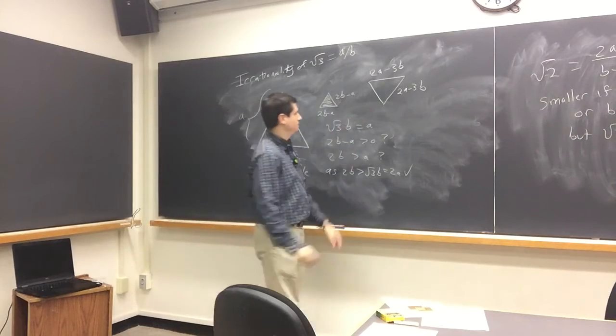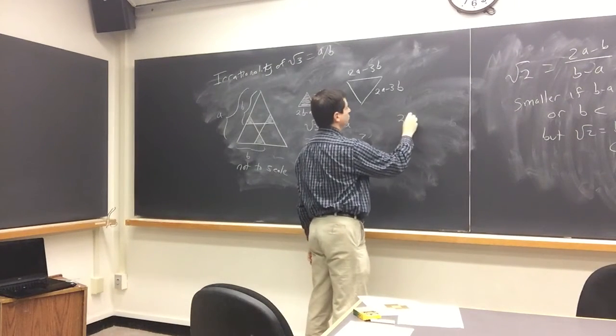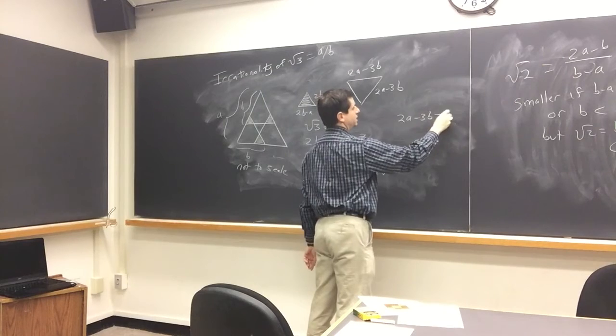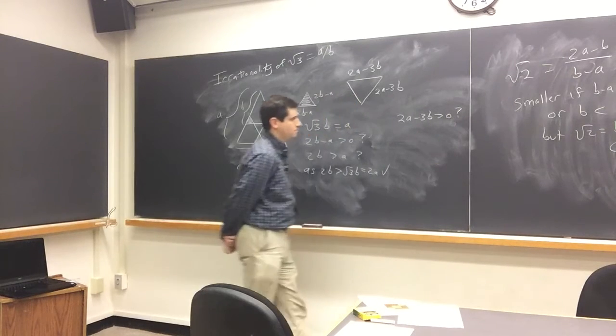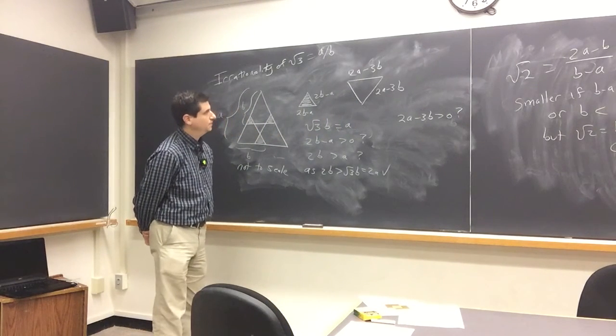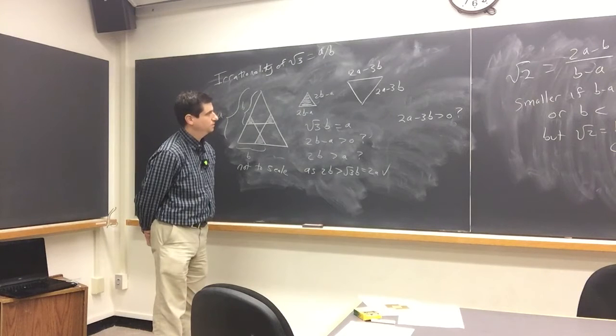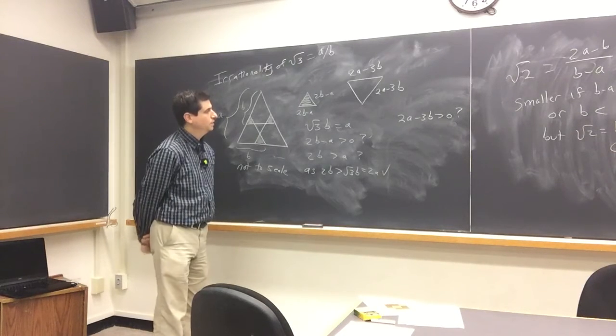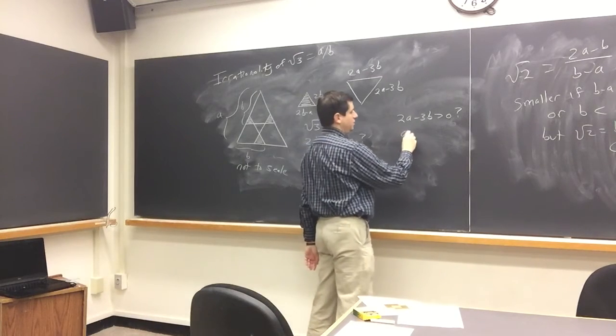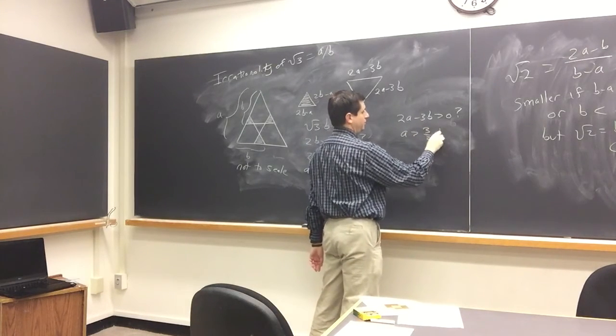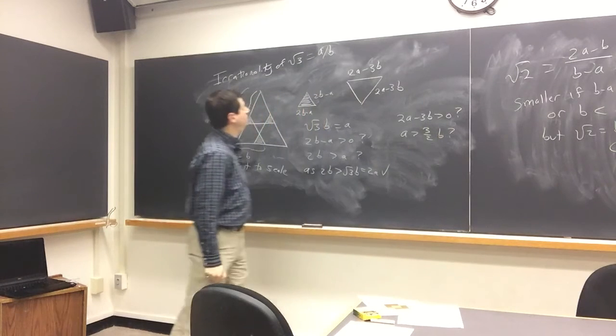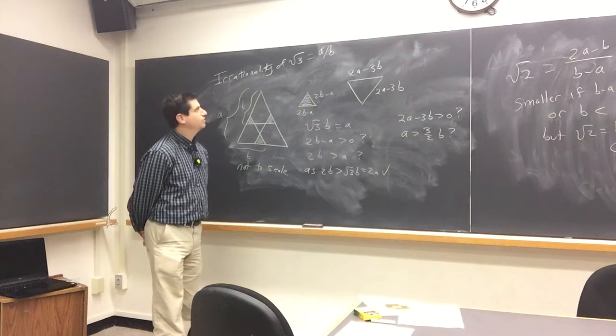What about this one? We want 2a minus 3b. Is that greater than 0? Now you do the same thing, except you're testing if A is greater than 3/2 B. So now this is the same. Is a greater than 3/2 b? But we know a equals root 3b.